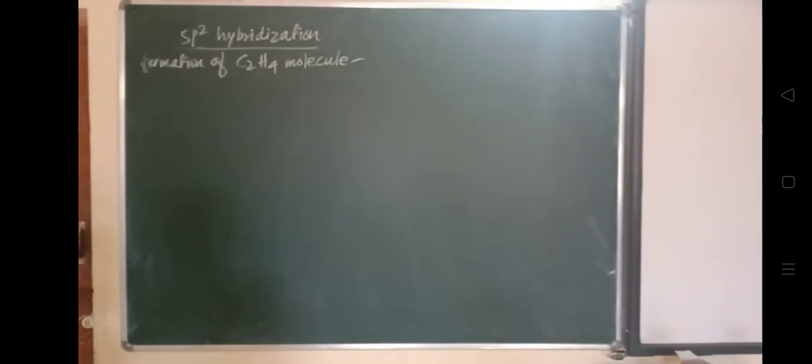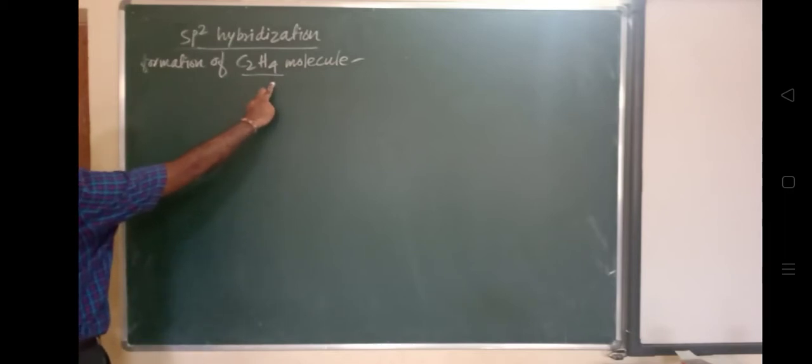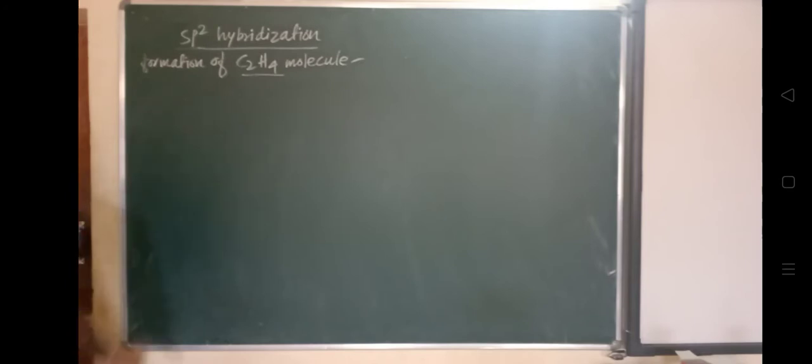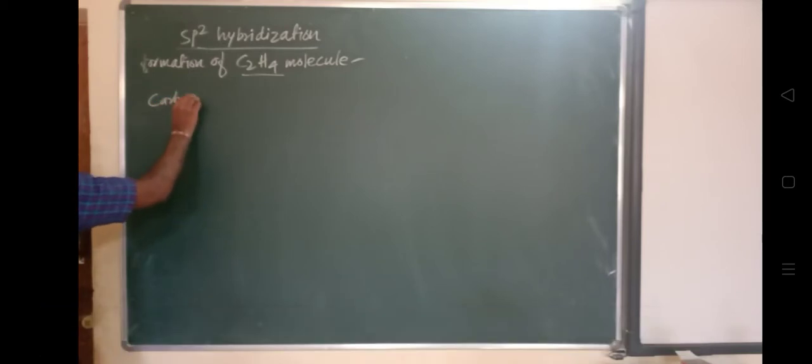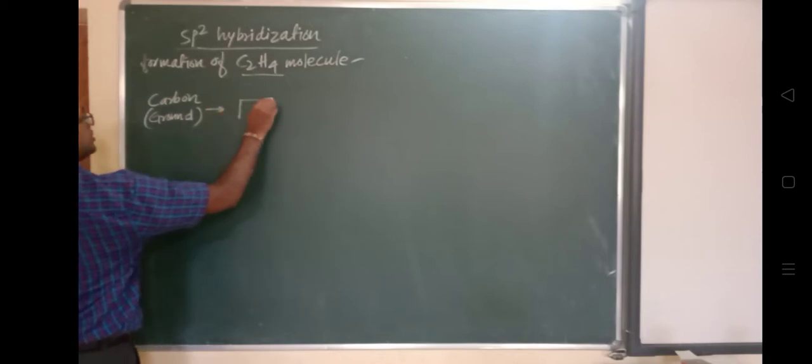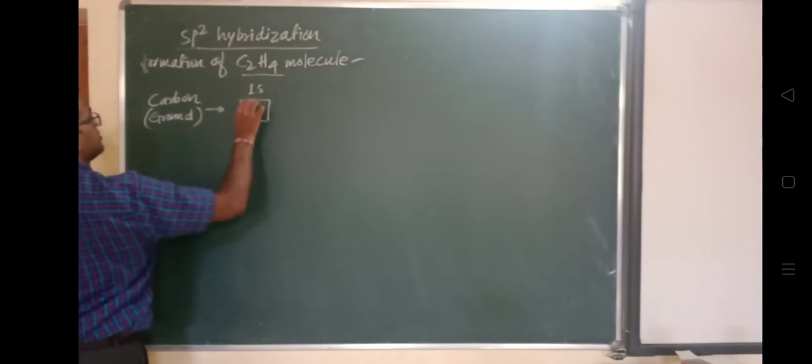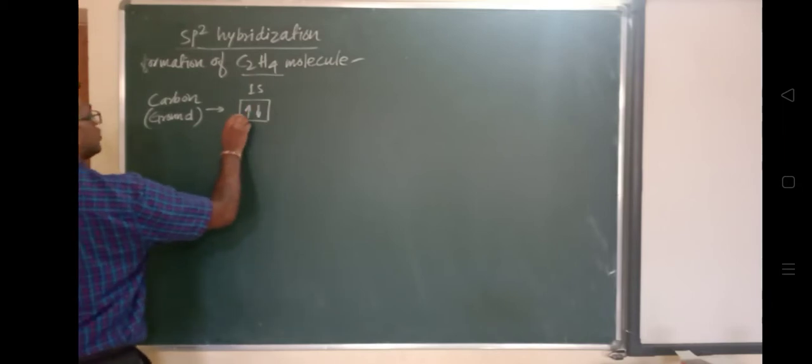If we look at the electronic configuration of carbon in the ground state, it is like this: 1s orbital has two electrons, 2s orbital has 2 electrons, and in the 2p orbitals there will be 5 and 6 electrons, no, there will be 2 electrons, because the atomic number is 6.